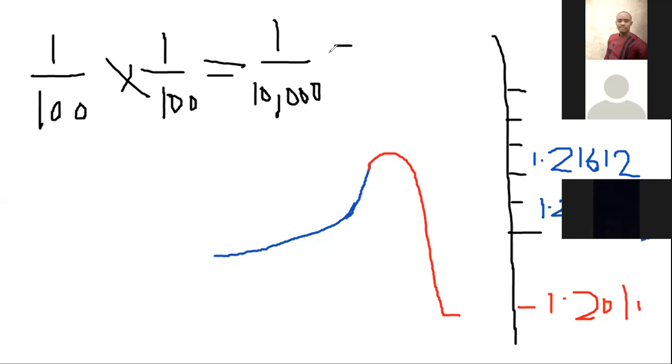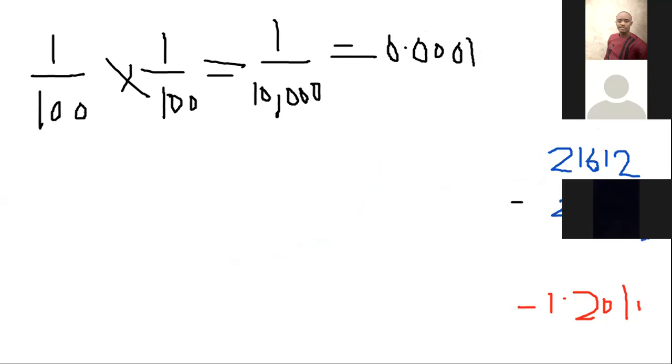Now, do your mathematics very well. This should be 0.0001. Now, what I'm trying to say here in essence is, for this kind of mathematics, what they consider as a pip, majorly on forex pairs, I repeat, majorly on forex pairs, is when you have 4 decimal places.